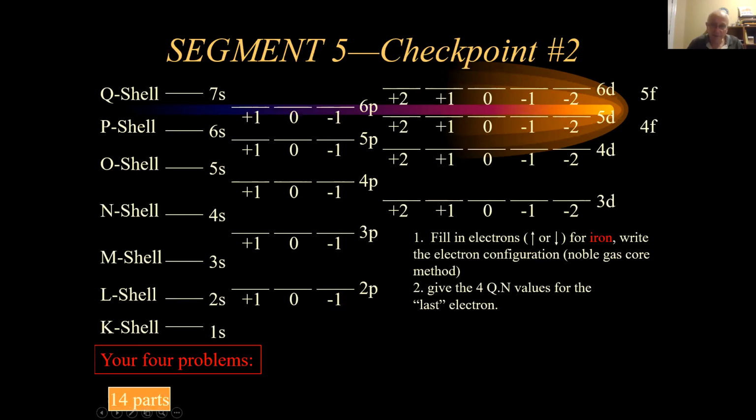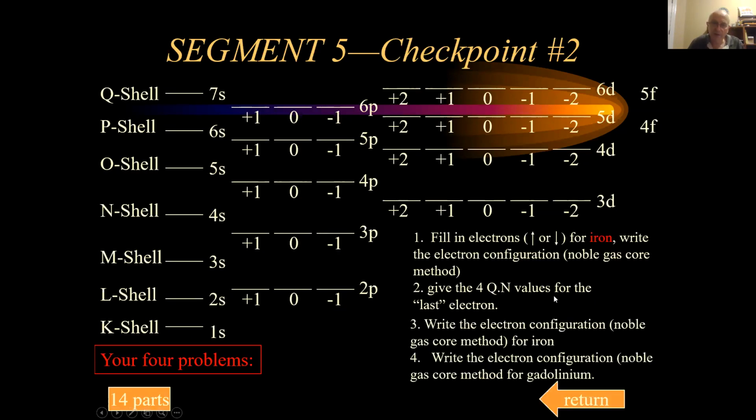But if I had iron, iron is element number 26. Let me get my periodic chart and be sure I remembered the element number for iron. Yes, it is 26. So what am I going to do?